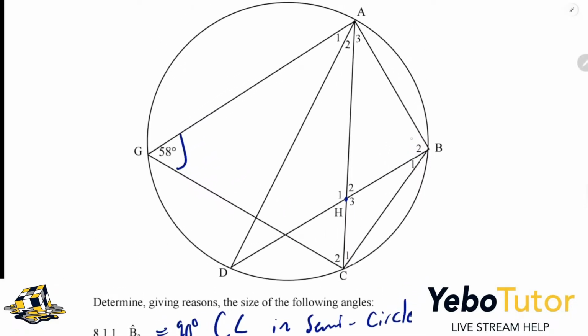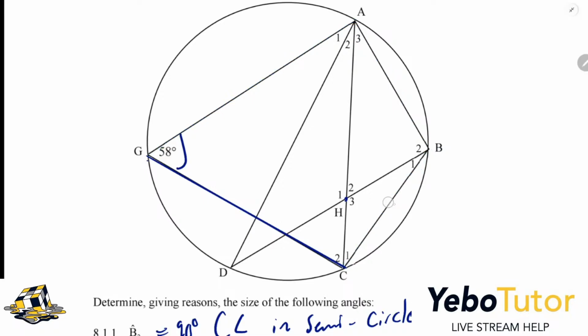So we know angle B2 now, and we want B1. We can have B1 plus angle B2 plus angle G. Do you see that we have this beautiful cyclic quadrilateral?